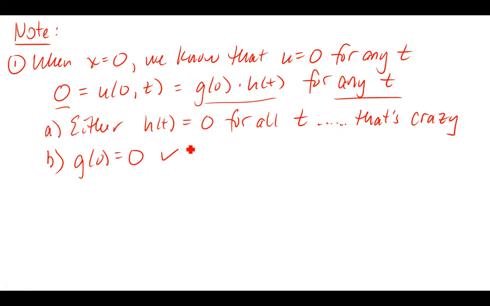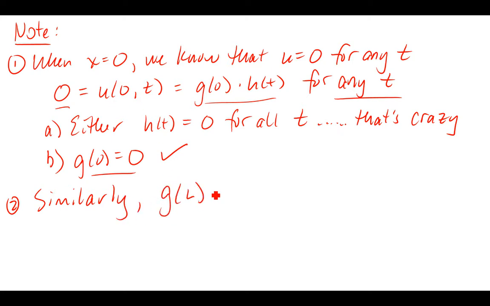Oh, well, I like that, right? That's not crazy. So look at that. With a little bit of thought, we get a condition that says g, our mystery g, at position 0, is 0. And similarly, just do the same argument.